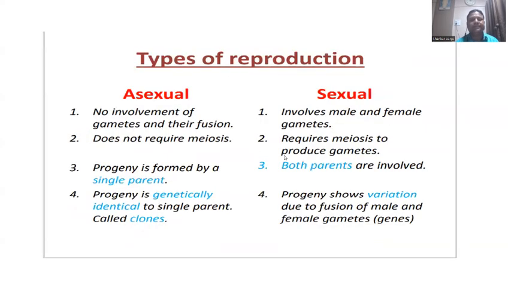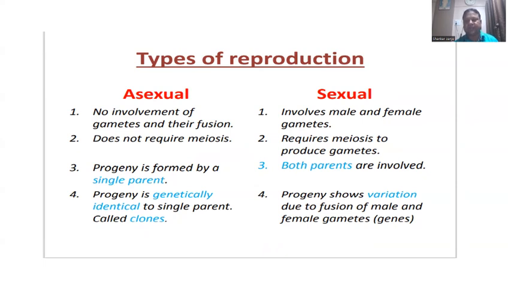Now we'll go ahead. There are two types of reproduction. The difference is given here: asexual and sexual reproduction. In asexual reproduction, there is no involvement of gametes and their fusion at all.